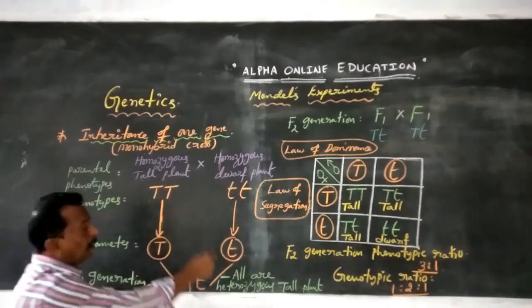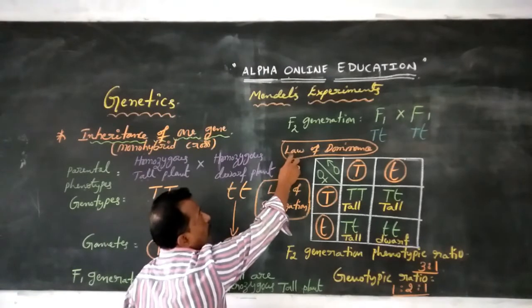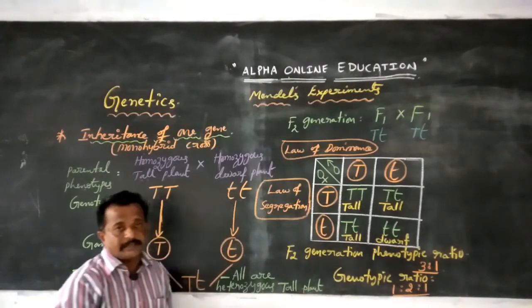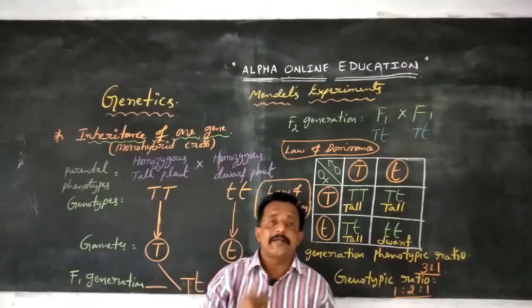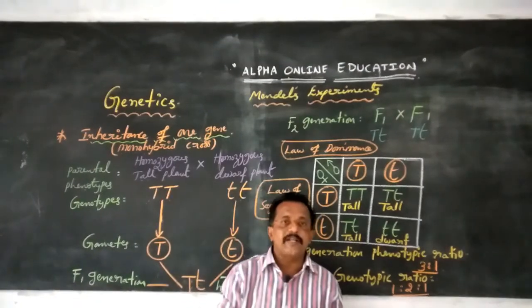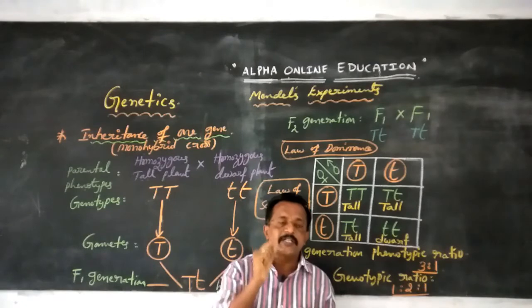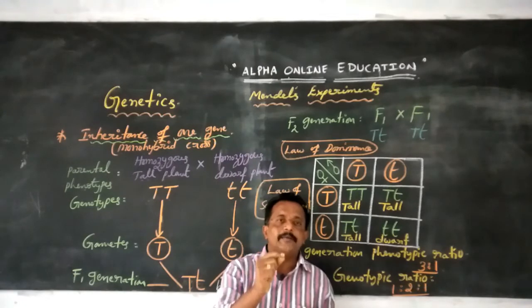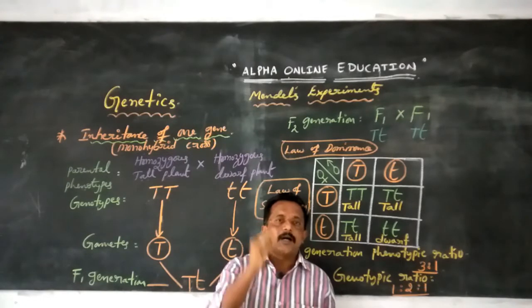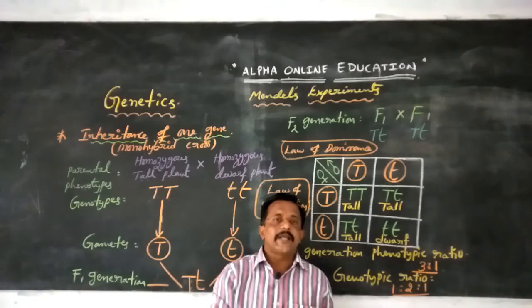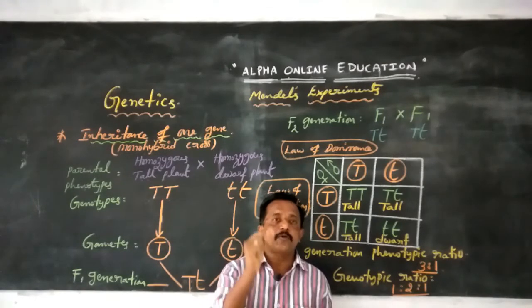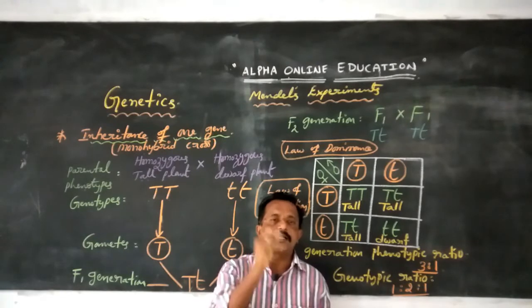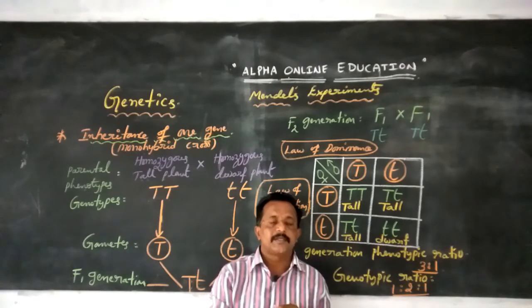That is the law of dominance, or principle of dominance. In the F1 generation, phenotypically all plants are heterozygous tall plants because the law of dominance applies.